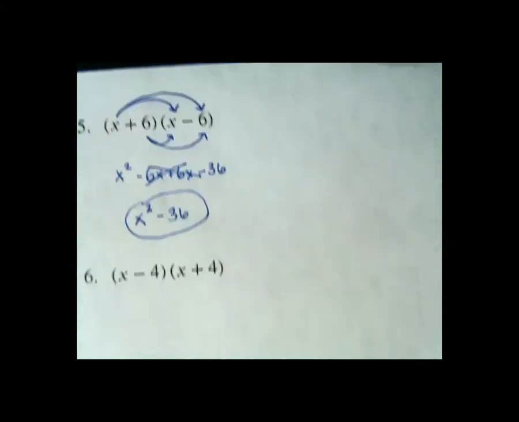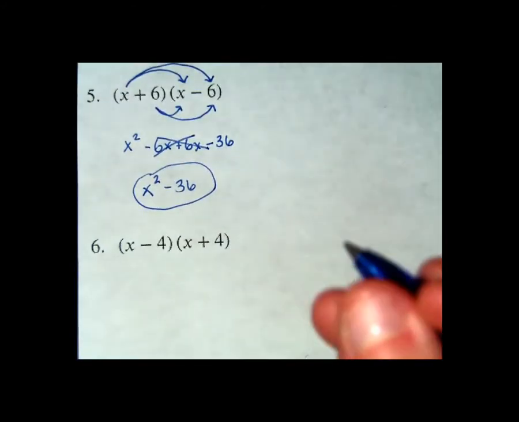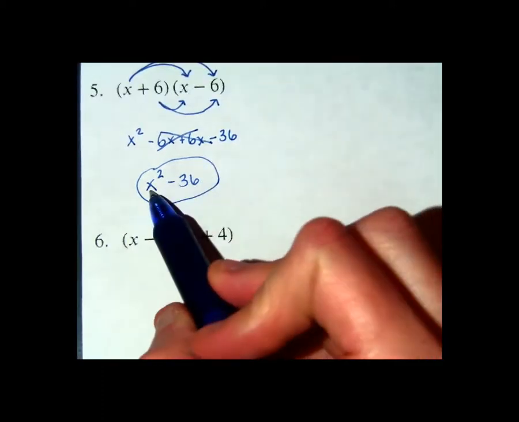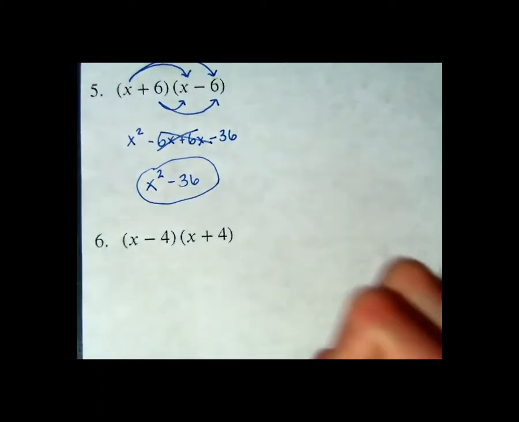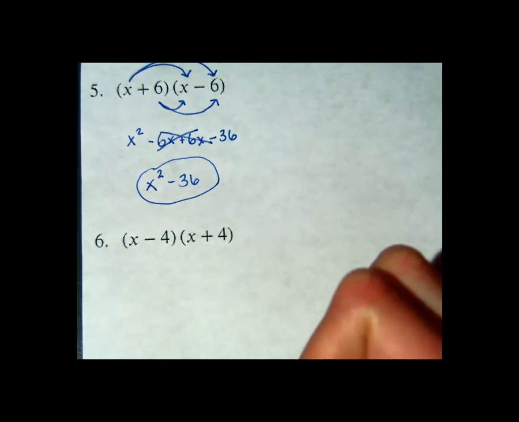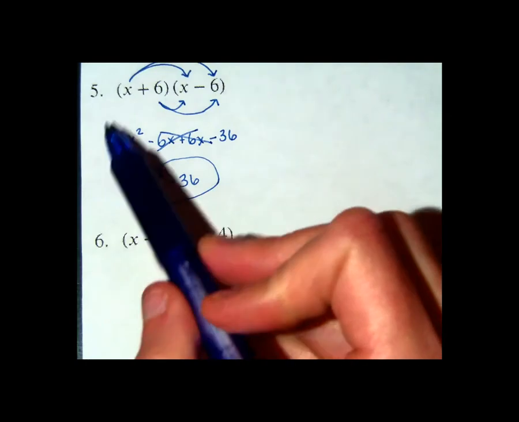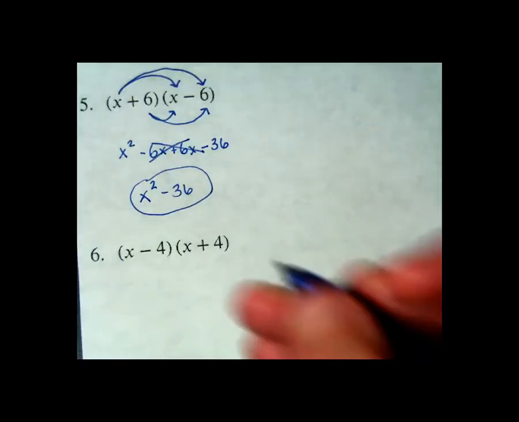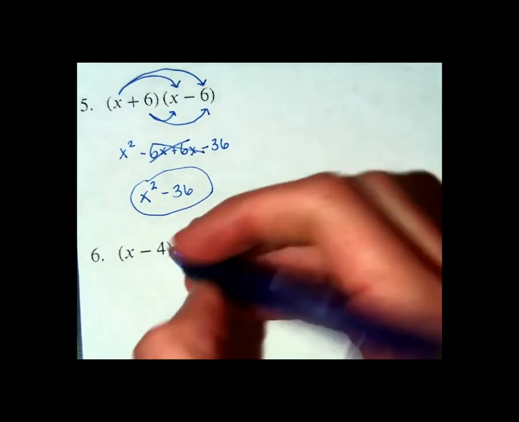Let's do number 6. What do you think? You think the middles are going to cancel? The middles will cancel, that's the rule. But where do you get these two numbers? Oh, from the outside, here and here. Alright, so distribute.